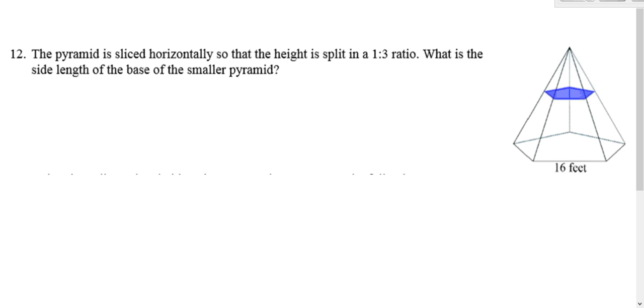Here we have a pyramid with a pentagon base, a pentagonal pyramid, sliced horizontally so that the height is split into a 1:3 ratio. So that means whatever this height is, the height below is 3, which means the entire pyramid can split into 4 sections, 3 below and 1 above.